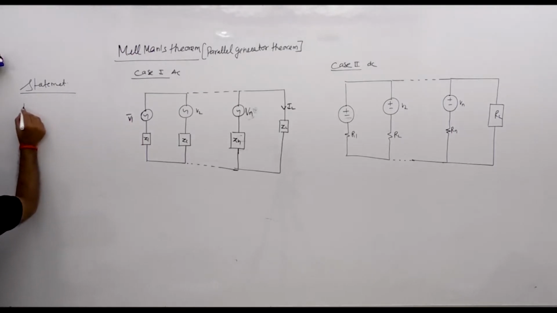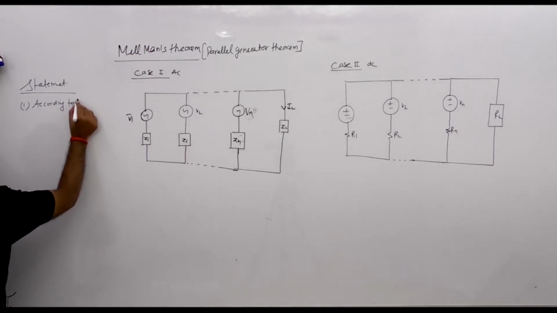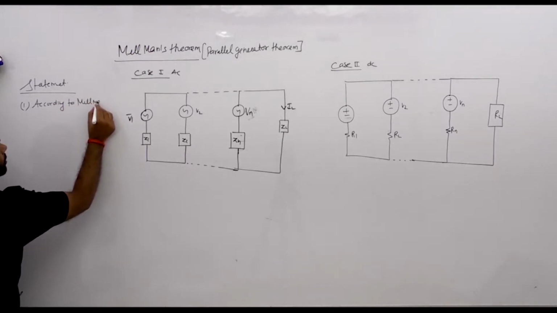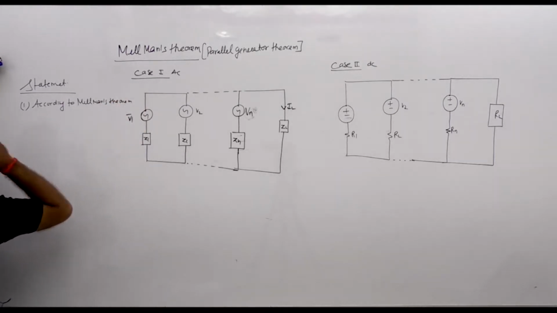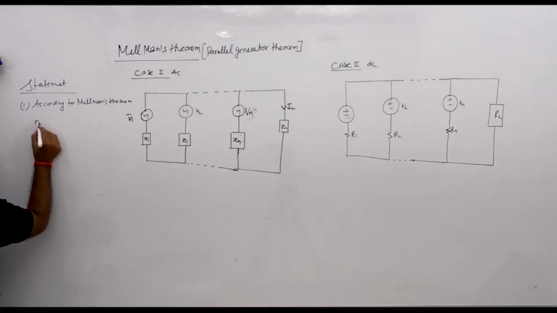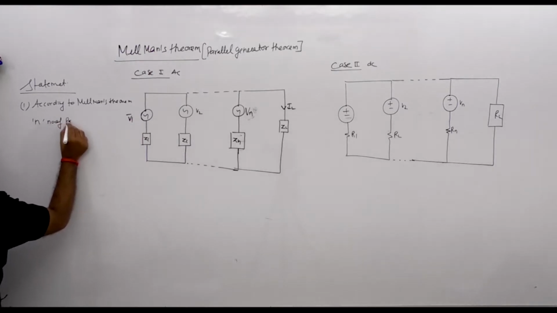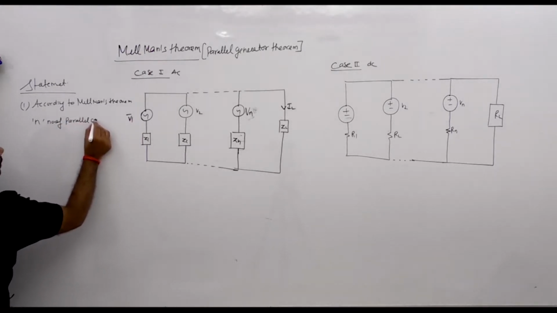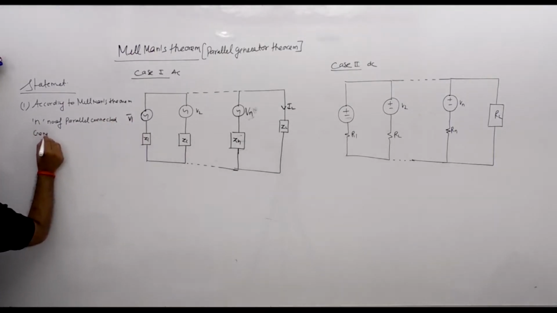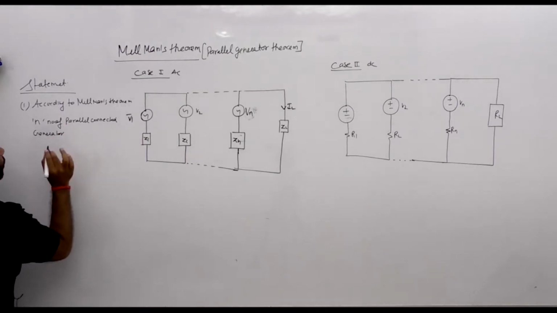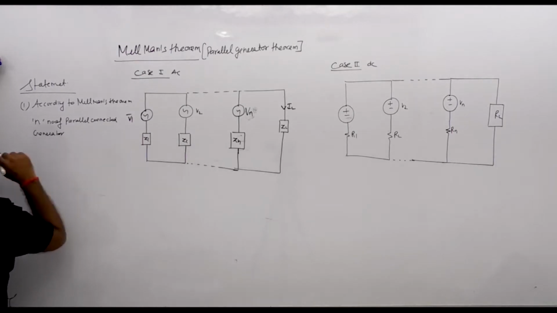तो स्टेटमेंट नंबर 1. So according to Millman's theorem, the statement number 1, small n number of parallel connected generator, or to be more precise, n number of parallel connected practical generator.